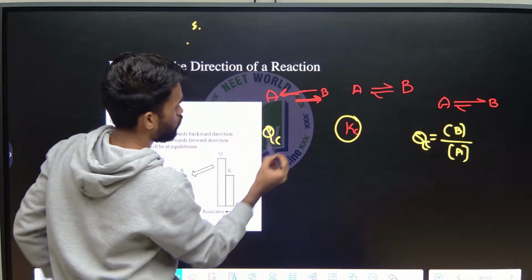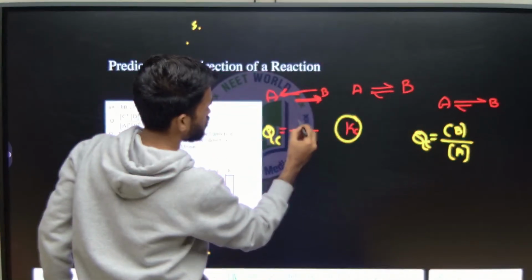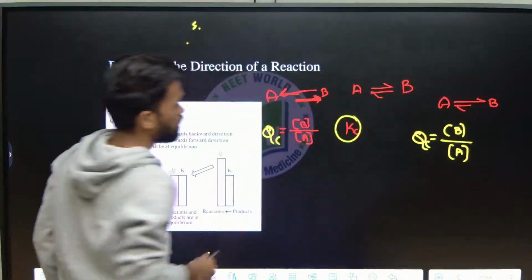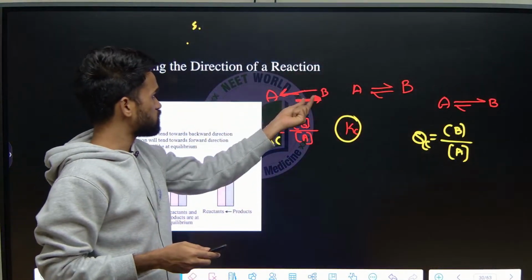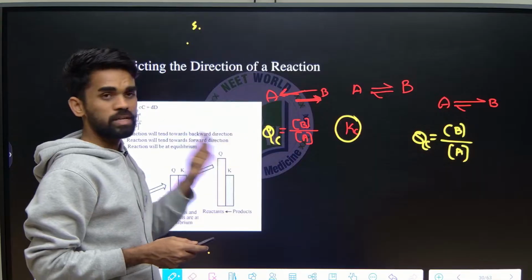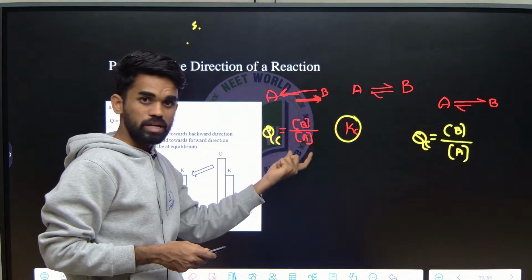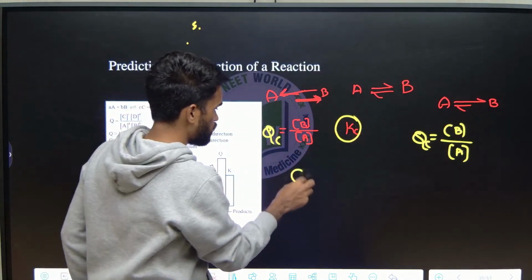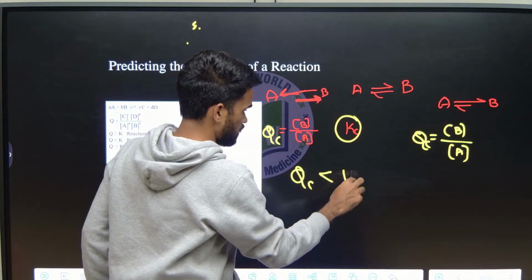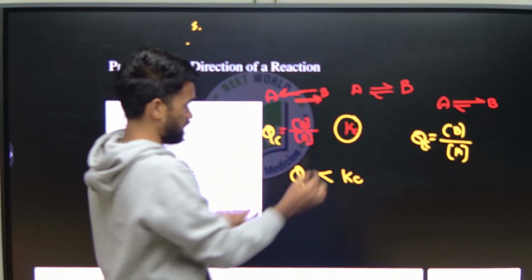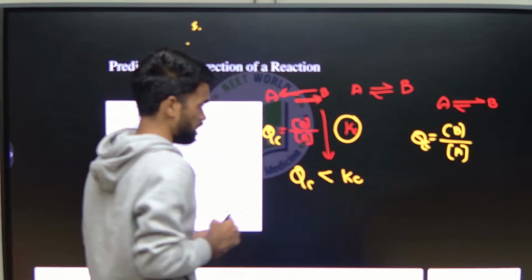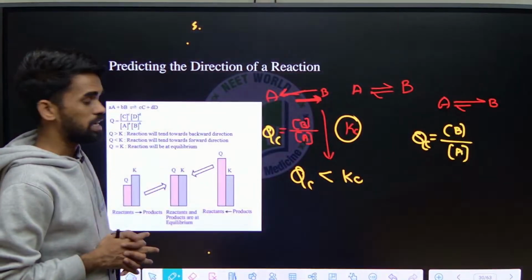What can you write here? The concentration of B by concentration of A. But we know the reaction is favoring more towards the A side, meaning the value of A will be more here. It means Qc will be less than Kc at this condition.